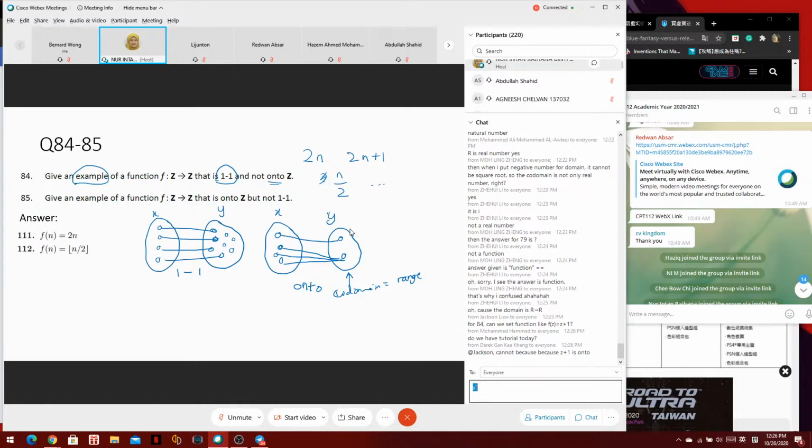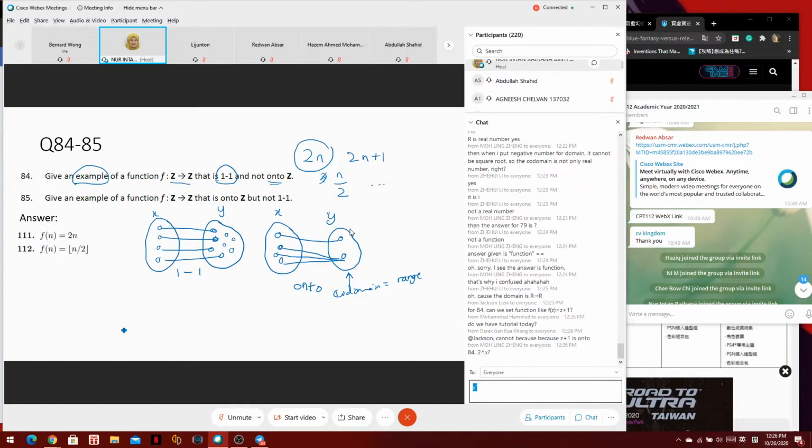Okay, now give an example of this one first. It's 1 to 1 but not onto. Like what I said just now, we try to use the simple formula here first. Let's say since this is the integers, you can have negative and positive integers. So usually we start with positive integers, easier for you to know, right?